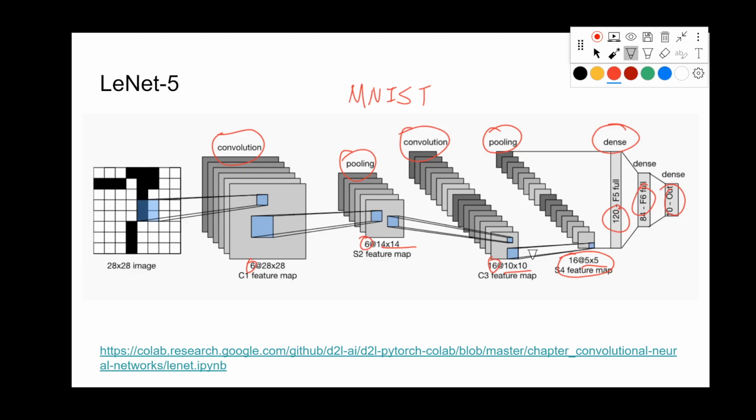So we can try to use the LeNet to do the digit recognition. If you are interested, here is the link, so that you can use this notebook to implement a LeNet and try to train a handwritten digit recognition program.